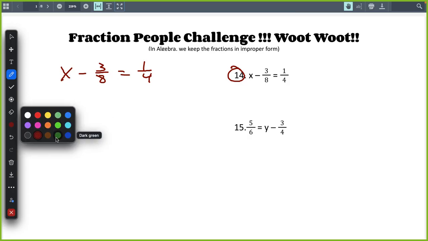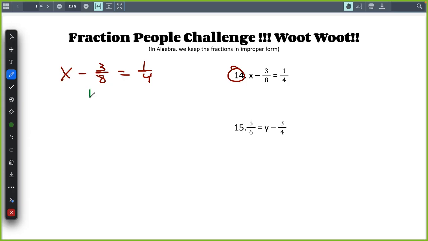First thing I got to do is get rid of this 3/8. So what's the opposite of minus 3/8? Well, plus 3/8. Whatever I do to one side, I do to the other. And then I have x, this will zero out, equals, and I notice that I've got different denominators.